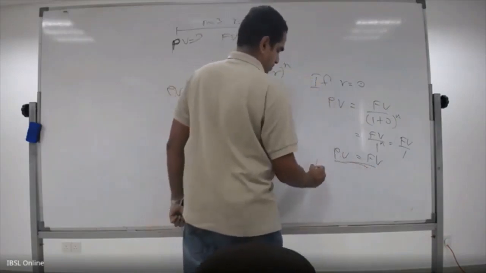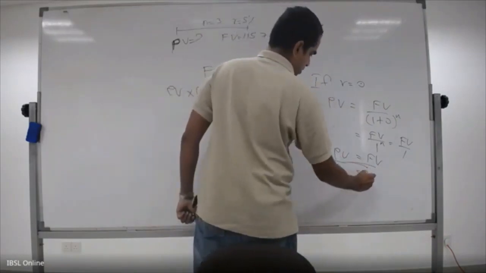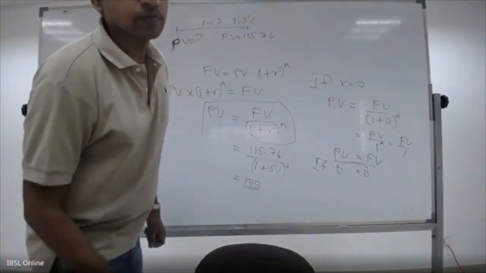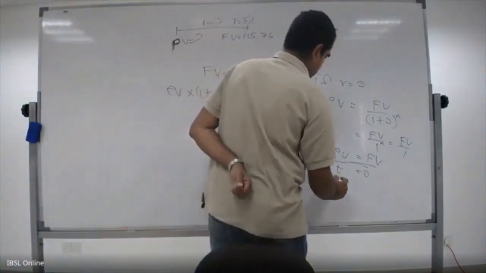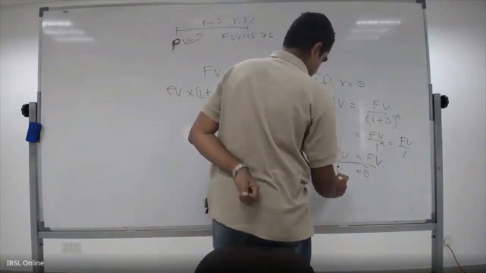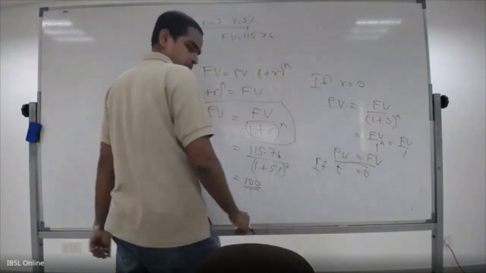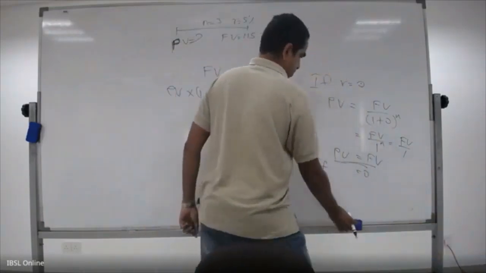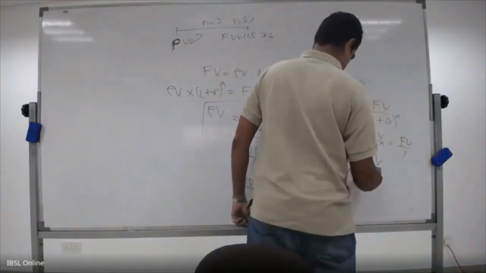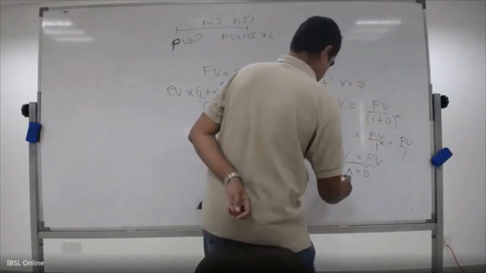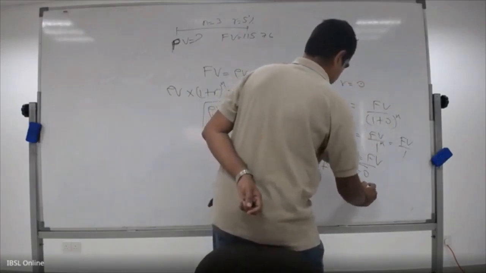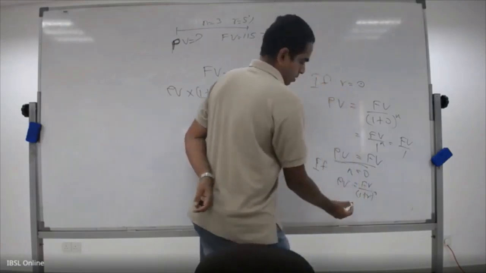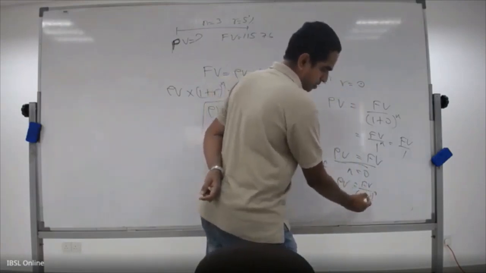And if T is 0, so if n is 0, then 1 plus R to the power 0 is 1.